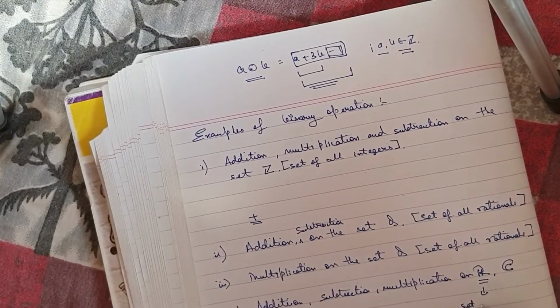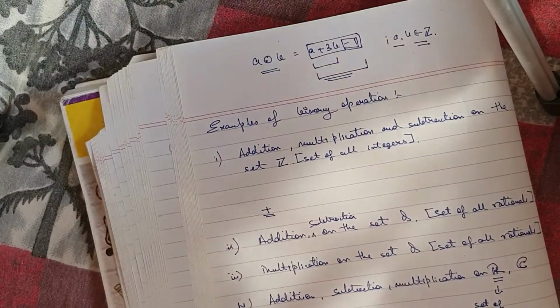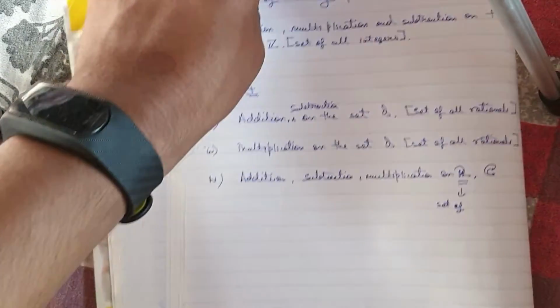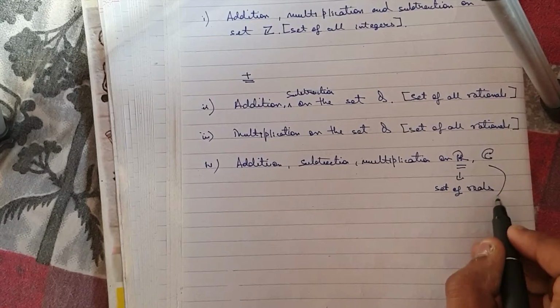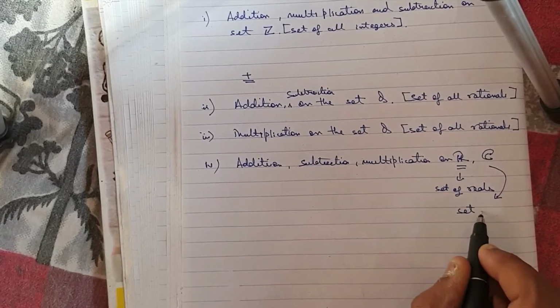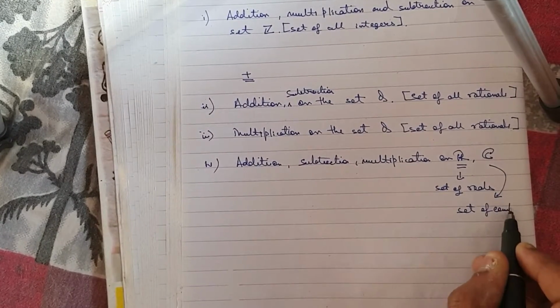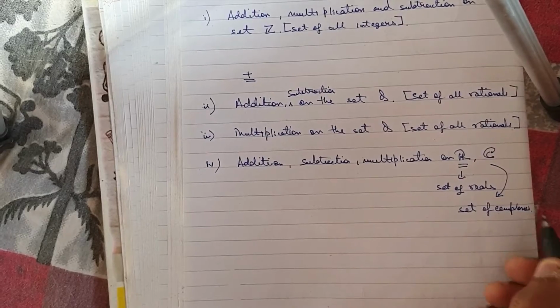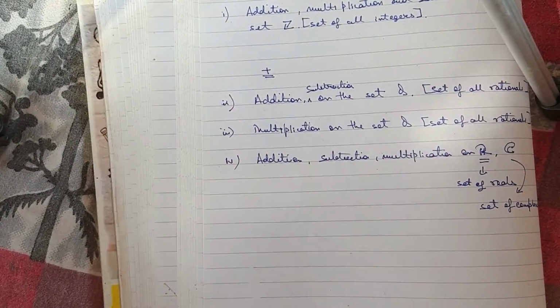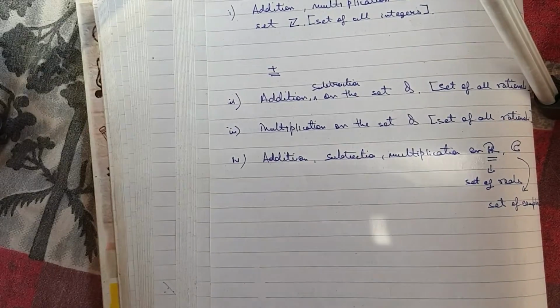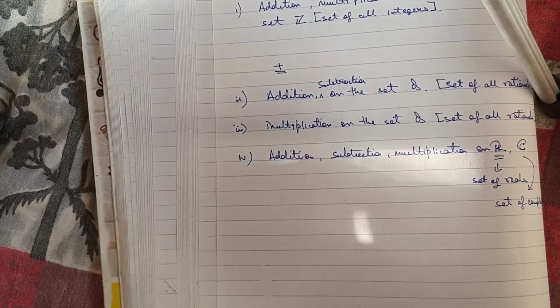Set of reals. What is C? Set of complexes. Okay, this is pretty clear, right?